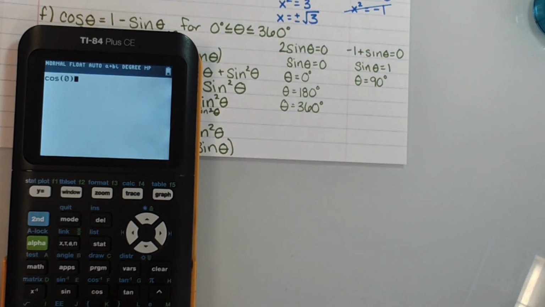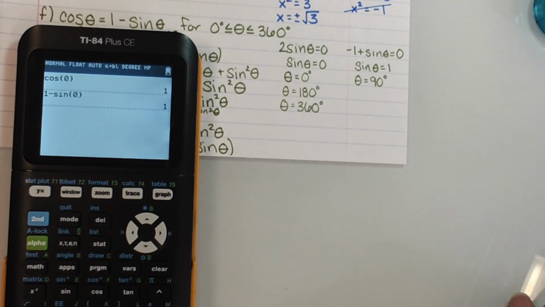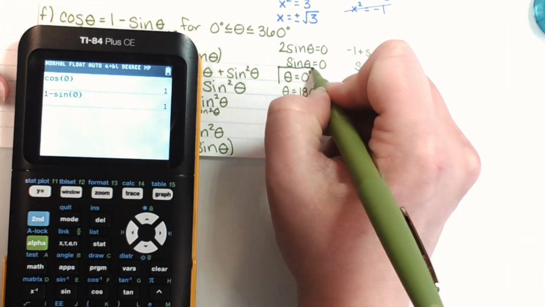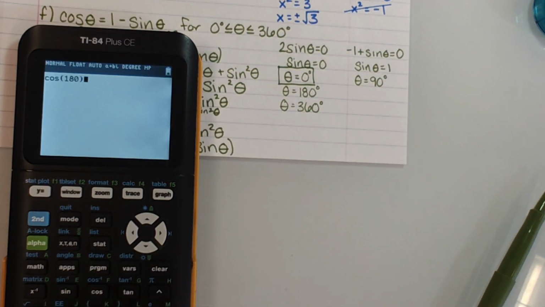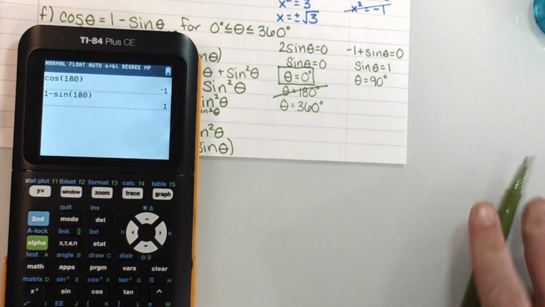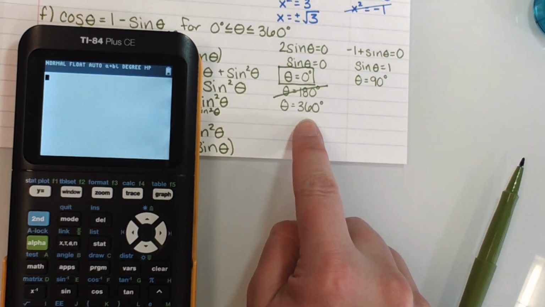Cosine of 0, 1 minus sine of 0. I get the same thing? That's an answer. Cosine of 180, 1 minus sine of 180. That's an extraneous solution. If 0 worked, 360 will work.